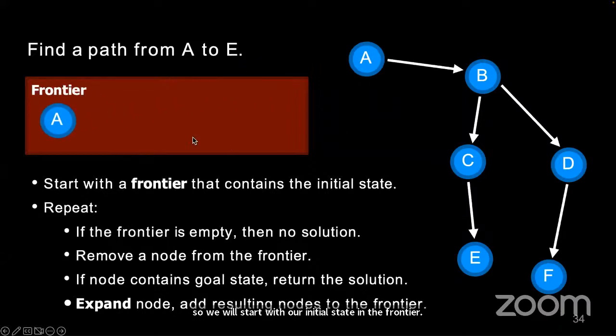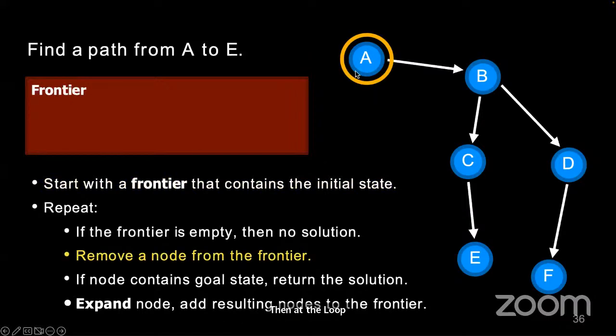Then we start the loop. We remove the initial state from the frontier, and we check whether it is a goal state. We see that this is not the goal state, so we expand this node A, which means we are adding the neighbors of node A to the frontier.